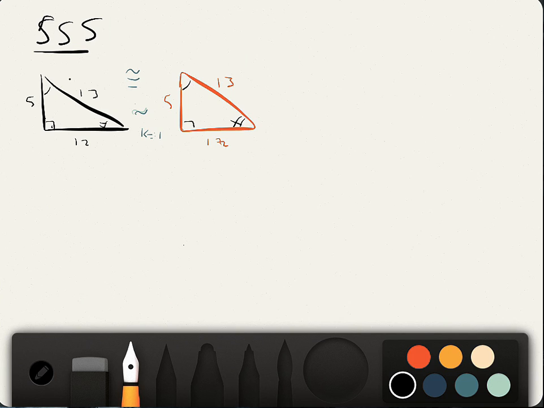Okay. So here's where it gets interesting, because now I started with this object. I've now moved to this middle object. And so the natural thing to now propose is, now that I'm sitting here with this orange 5, 12, 13 triangle in the middle, what happens if I just pick another k factor? Like, what happens when k equals, I don't know, 3?